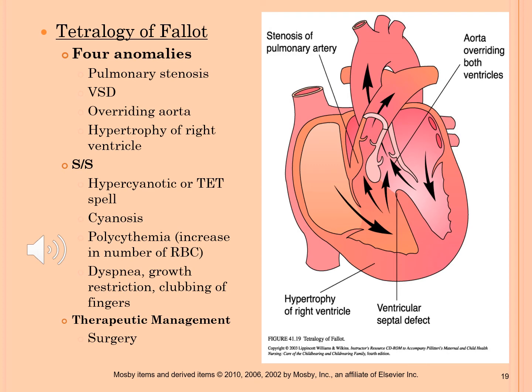So with your pulmonic stenosis, that just means that the pulmonary artery is stenosed, which means if it's stenosed, we can't get blood out of that right ventricle to go out to pulmonary to get recirculated. If it can't get out of the right ventricle, then ultimately it might back up into the right atrium as well.